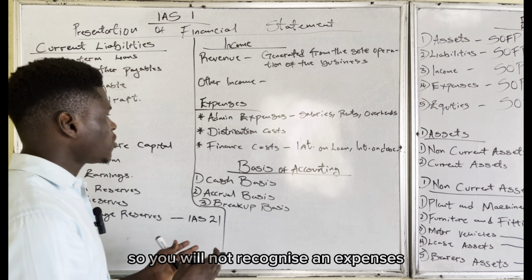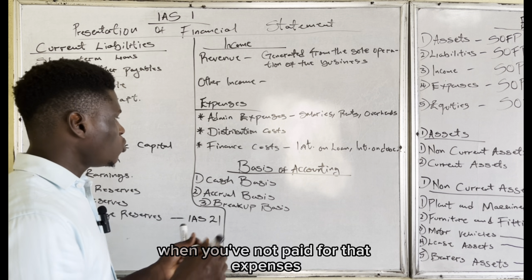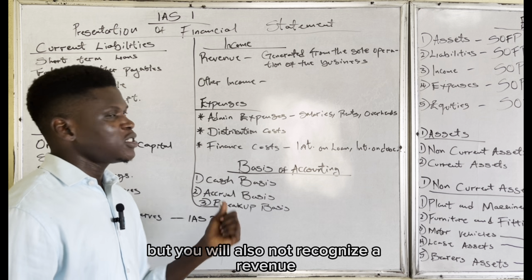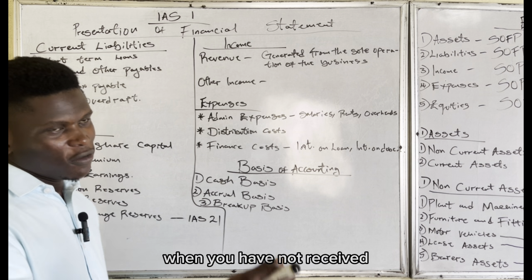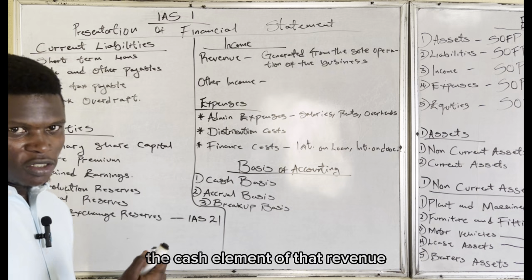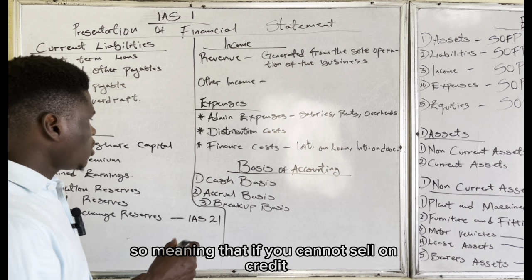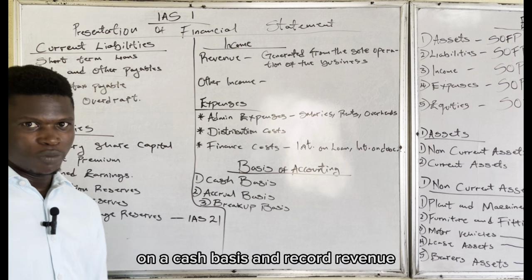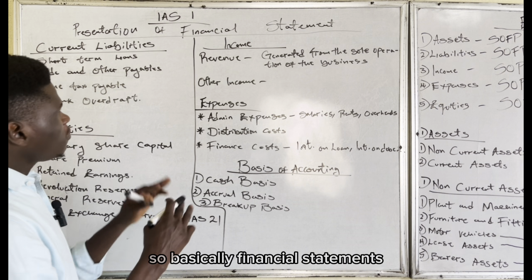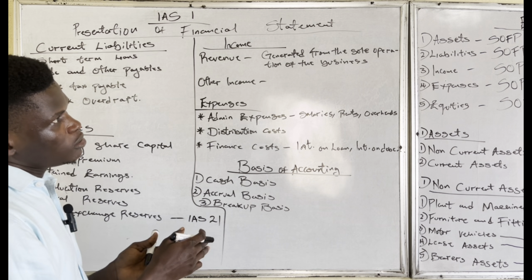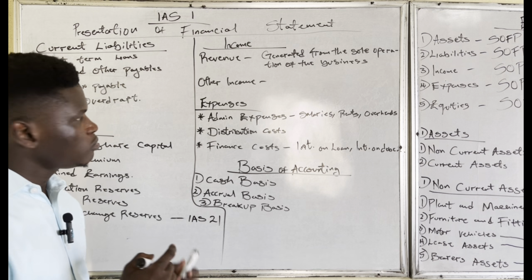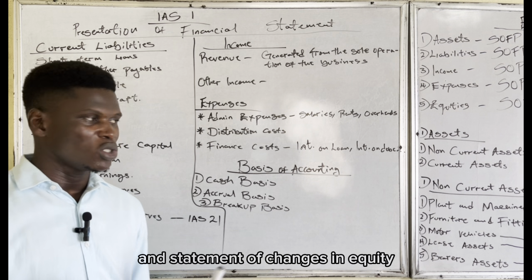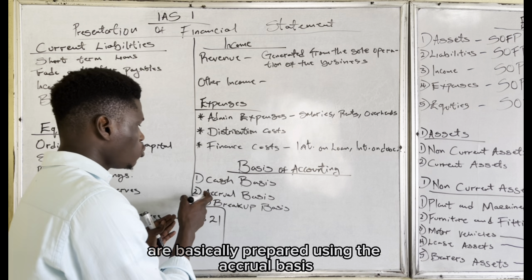So you will not recognize an expense when you've not paid for that expense, but you will also not recognize a revenue when you have not received the cash element of that revenue. So meaning that you cannot sell on credit under cash basis and record revenue. So basically, financial statements, that's the published account, income statement, statement of financial position, and statement of changes in equity, are basically prepared using the accrual basis.